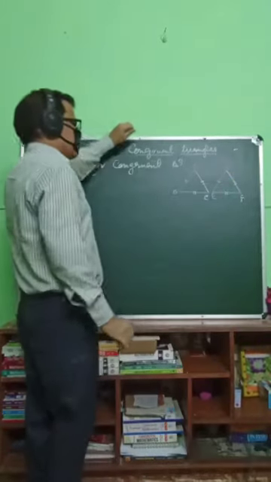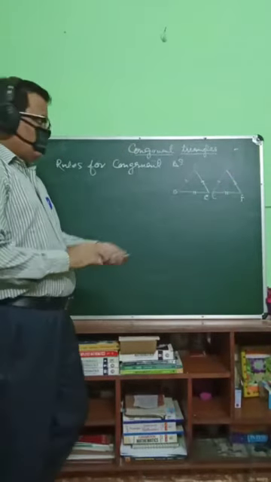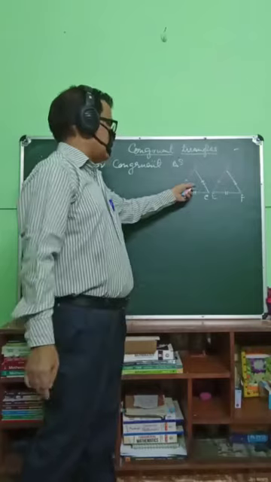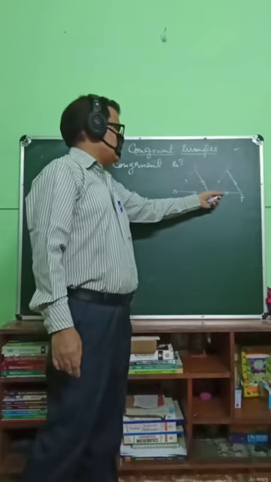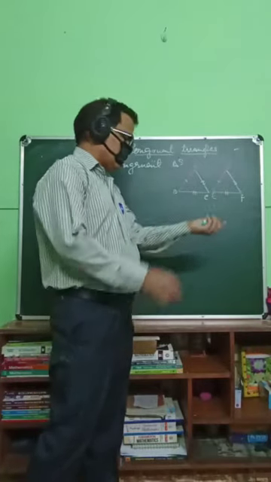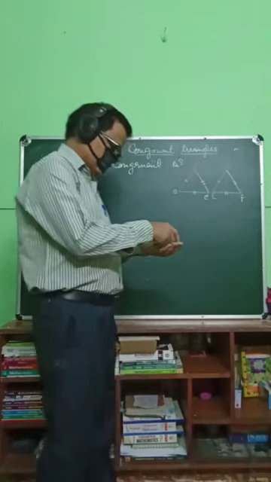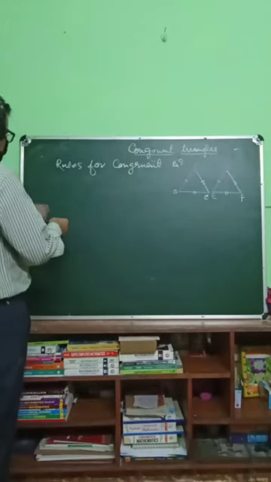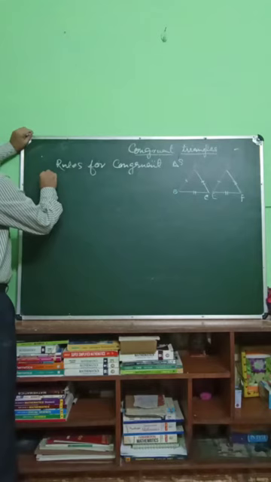Triangles are congruent by SSS rule. When three sides of one triangle are respectively equal to three corresponding sides of another triangle, then triangles are congruent.